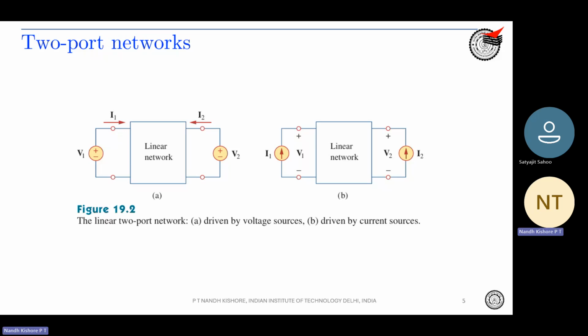The other case is where you have independent current sources, and V1 and V2 are defined based on your linear network.